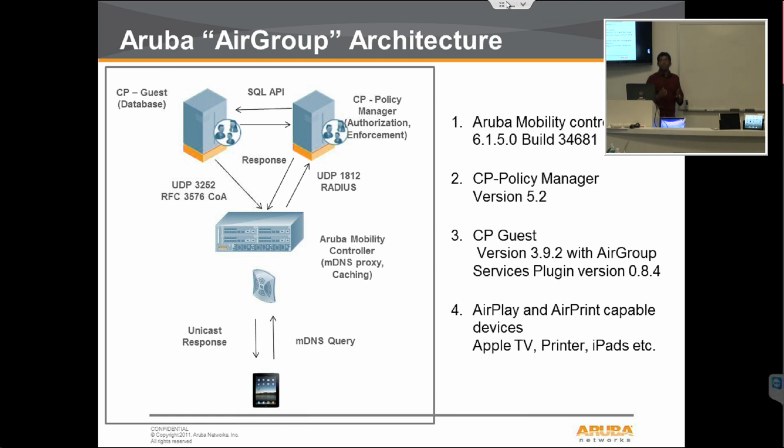So the controller now has visibility into two different data points. One, what are all the services that are available on the network? And two, what are the services that I'm authorized to use? The controller does the whole process of correlating these two state tables and giving me the list of devices that I'm only authorized to use. That's pretty much the operation in a nutshell.